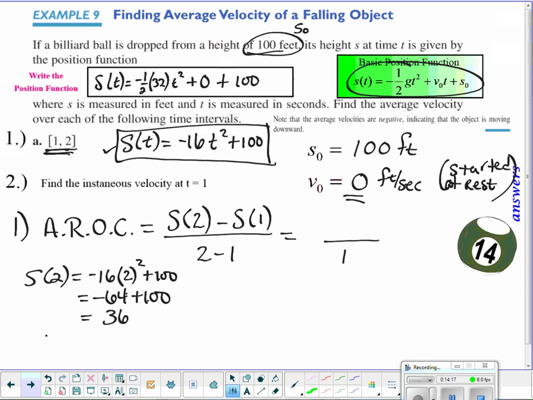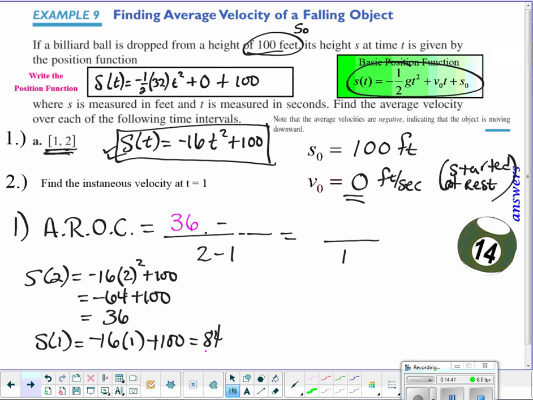Also, we need s of 1. Go back to our position function. -16 times 1 squared is -16 plus 100. 100 minus 16 is 84. So, substituting, s of 2 gets substituted with the value of 36. s of 1 gets substituted with the value of 84.